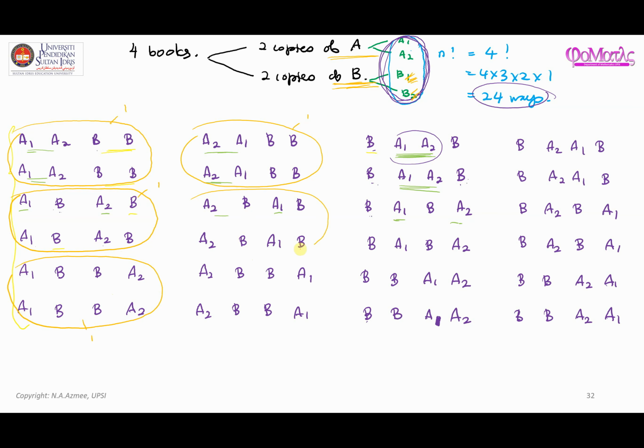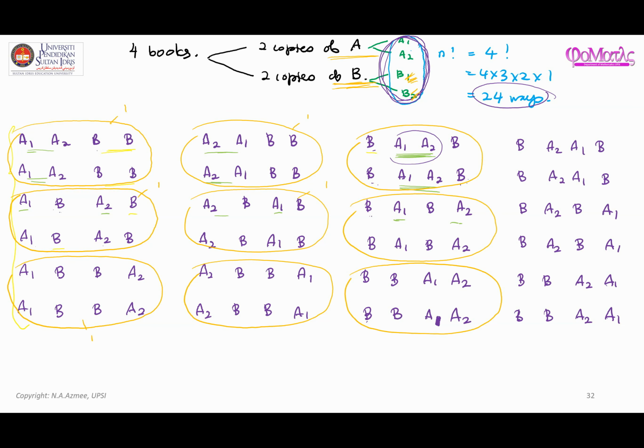This one is the fifth. This is also the same arrangement. And this is another similar arrangement. You can see clearly. All right, so this is A2, A1, A2, A1. So we got B and B on this side.